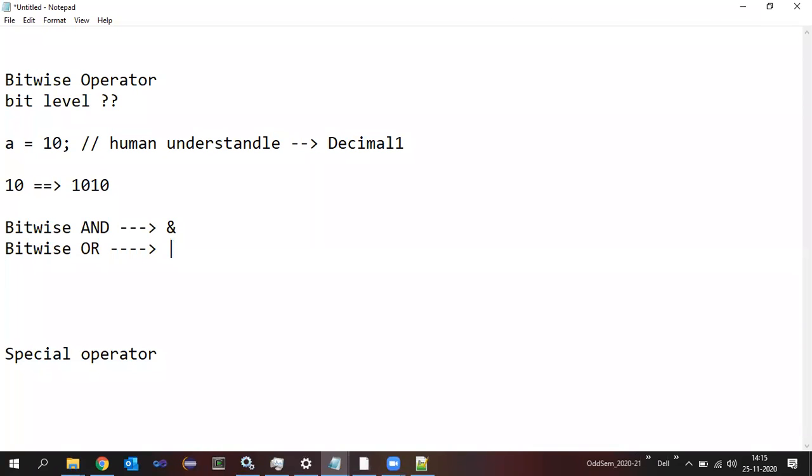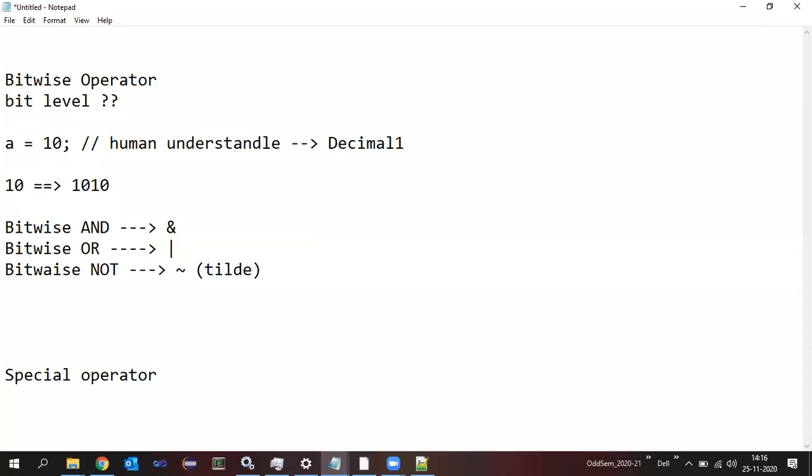Then we have bitwise NOT, represented as the tilde symbol. I will explain where this symbol is on the keyboard. Then we have the bitwise left shift operator, represented as two less than symbols.